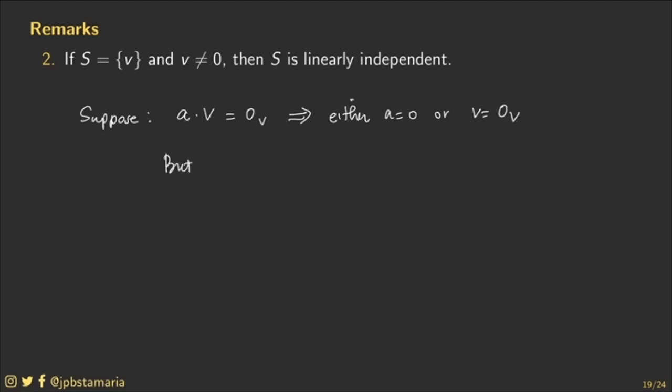But by assumption, V is not the 0 vector. Therefore, the conclusion is that A is 0. So the only way for this to happen is to set A to 0 because V is not 0. Therefore, that means linear independence for the set S.